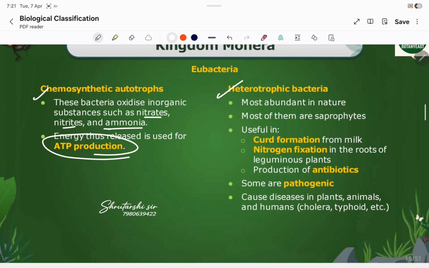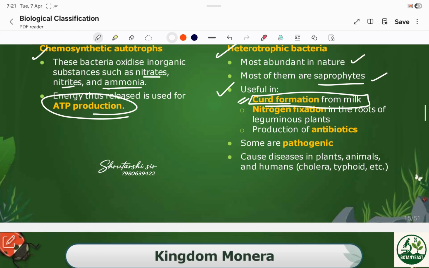Now comes the heterotrophic bacteria. What do you mean by heterotrophic bacteria? It is most abundant in nature. Most of them are saprophytes. They are useful in curd formation from milk. In antibiotic formation, it is also used. Some are pathogenic, means they can cause diseases.